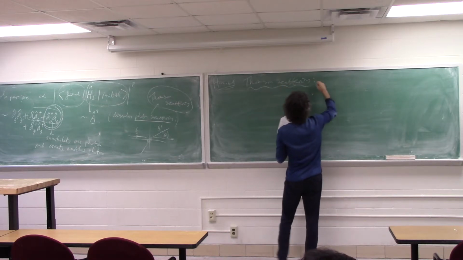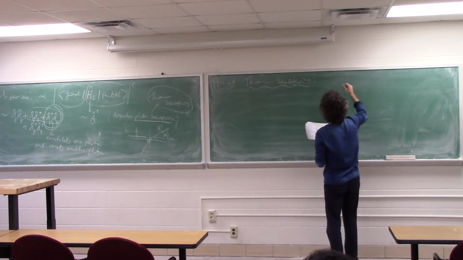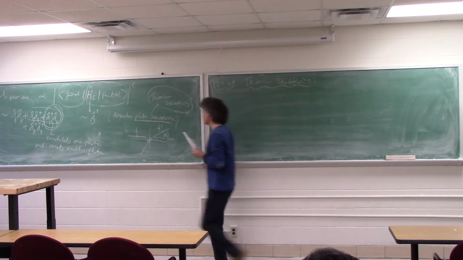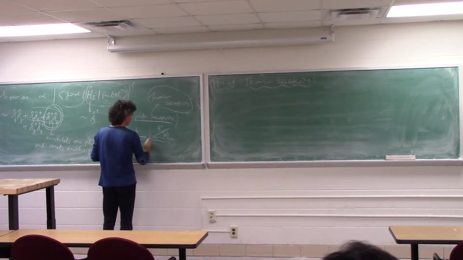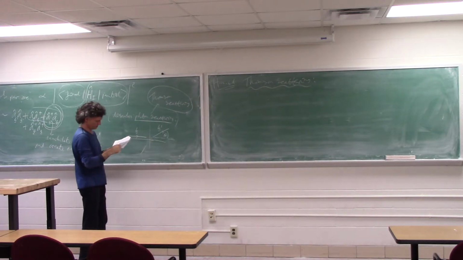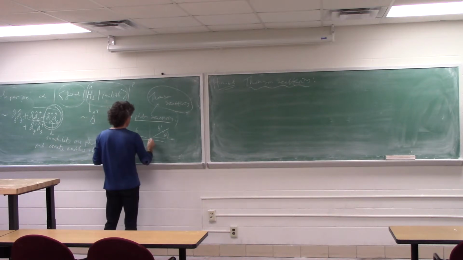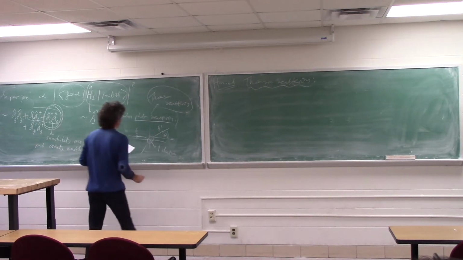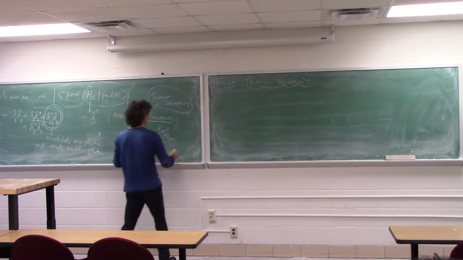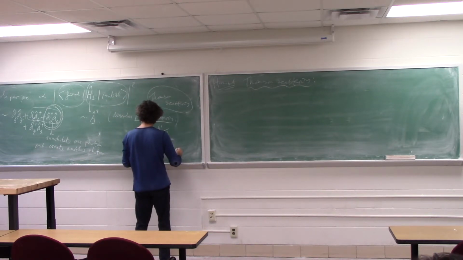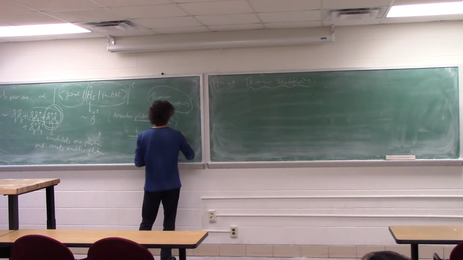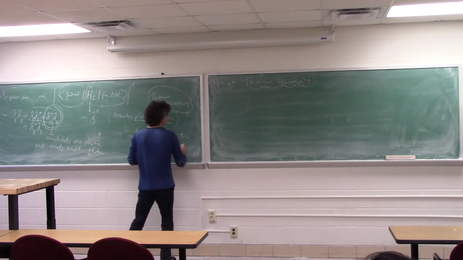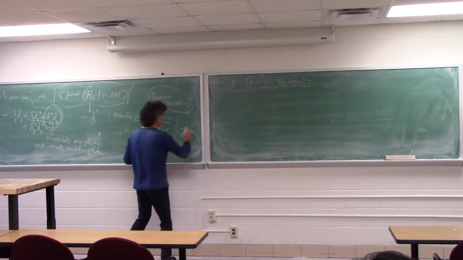Instead of an atom, we can just think of a single electron, and we're going to take h bar omega much smaller than the rest energy of the electron.